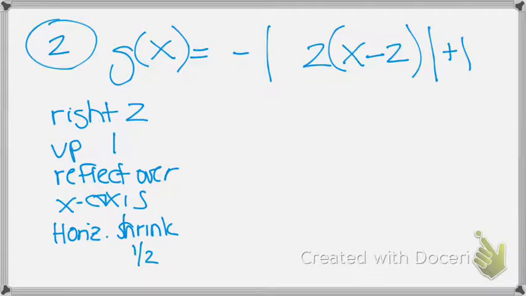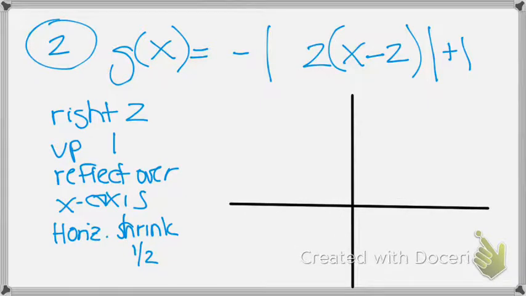All right, so those are the ones that I have written down. The first battle in transformations is just being able to identify what is going on. Writing them down is a big thing. The second thing is graphing.